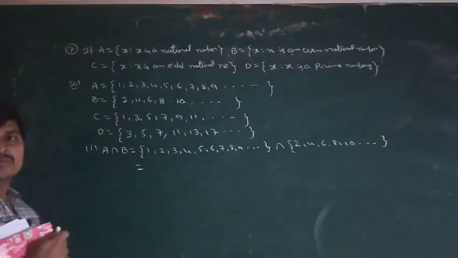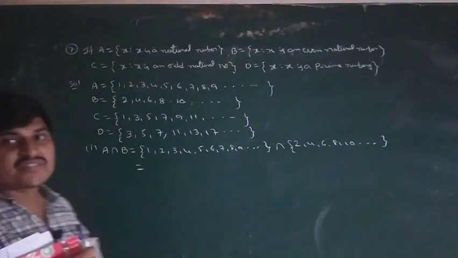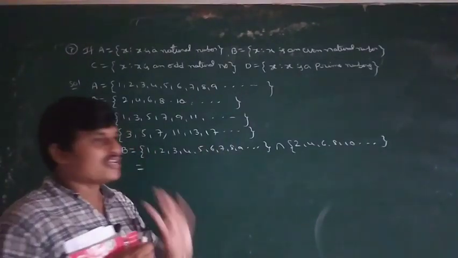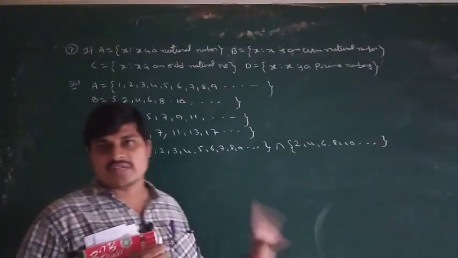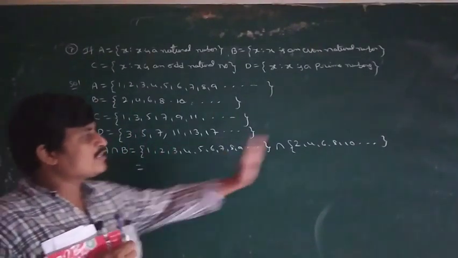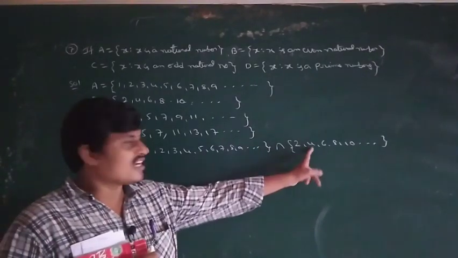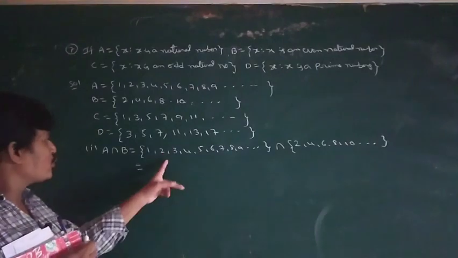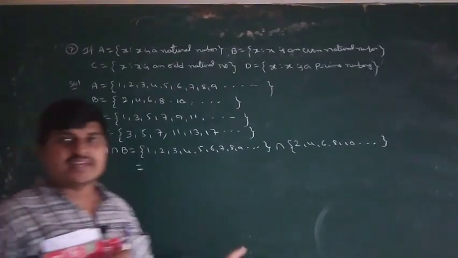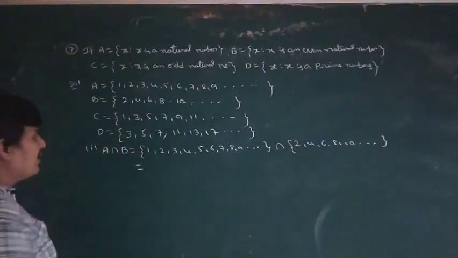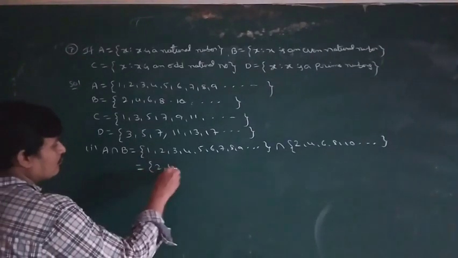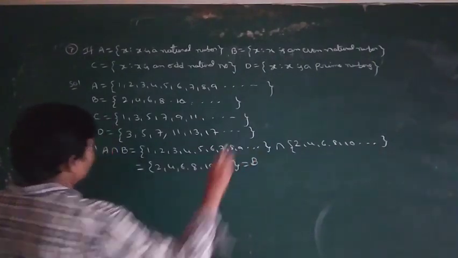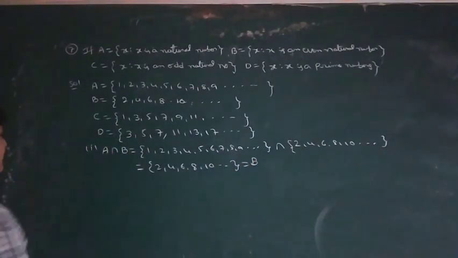So what are the common elements? Even natural numbers are common. In natural numbers, all even natural numbers are also there. Compulsorily, all even natural numbers belong to A. So that is equal to 2, 4, 6, 8, 10, that is equal to B. So A intersection B is equal to B.